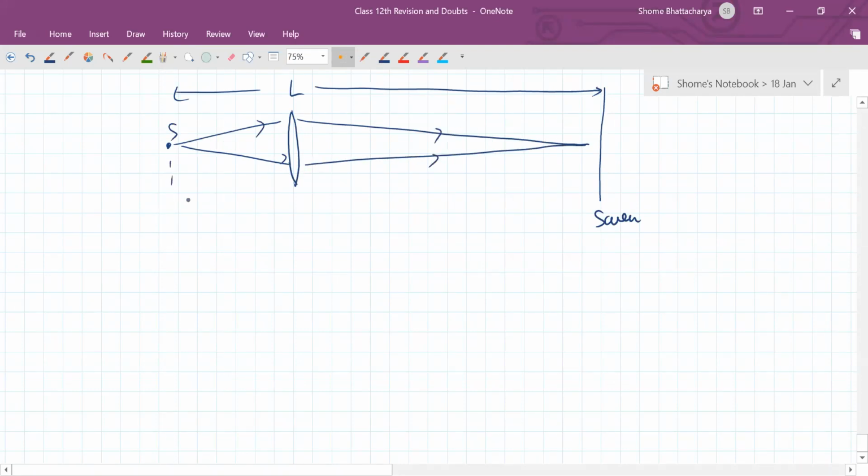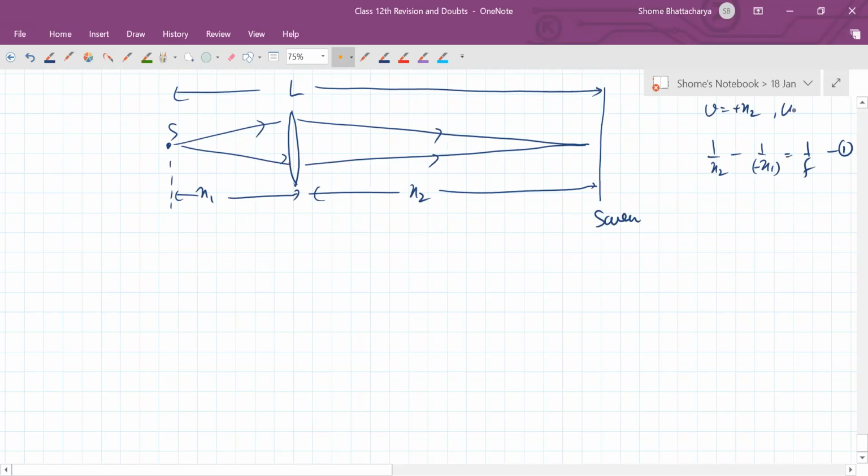So if this is x1 and this is x2, we'll get 1 by v minus 1 by u is equal to 1 by f. Okay, so in this case, v is equal to plus x2, u is equal to minus x1, and x1 plus x2 is equal to L.